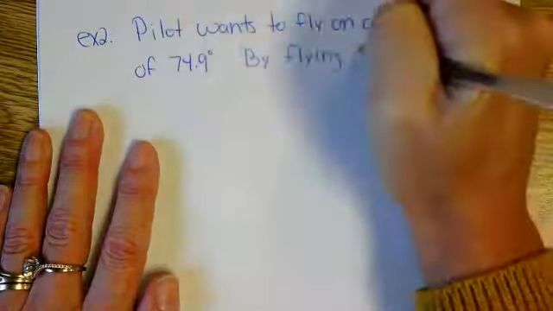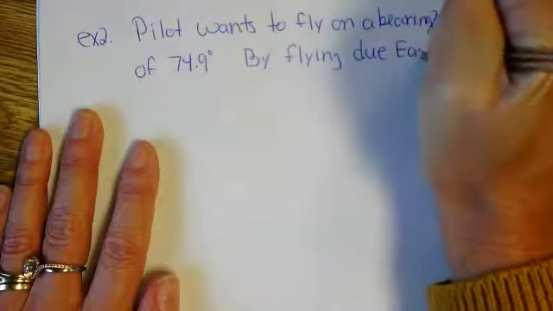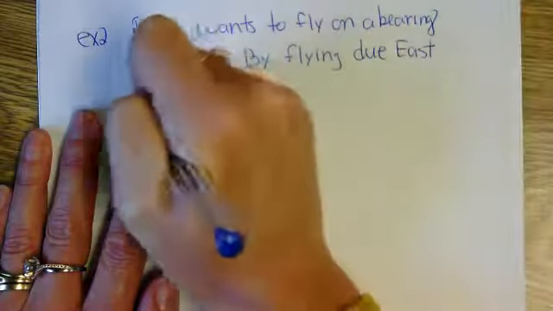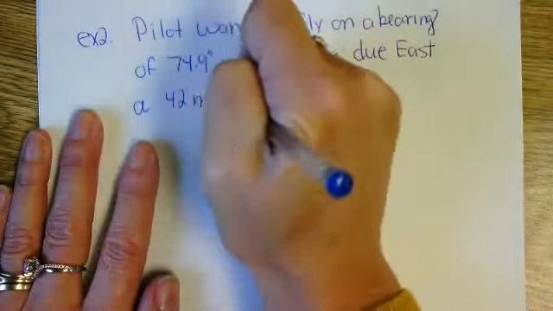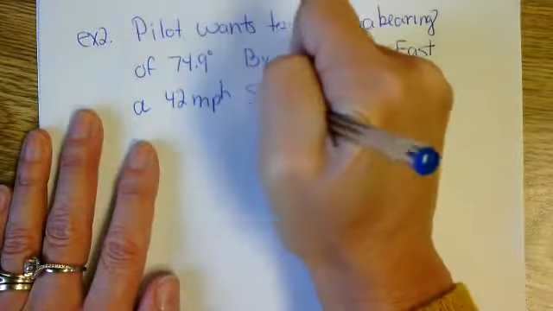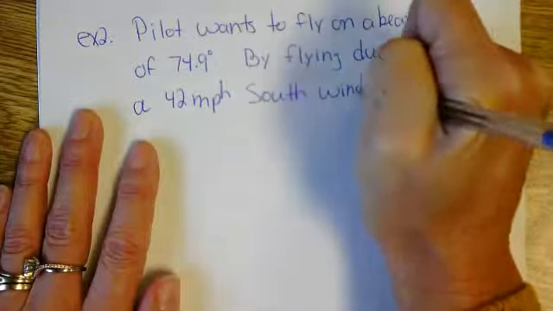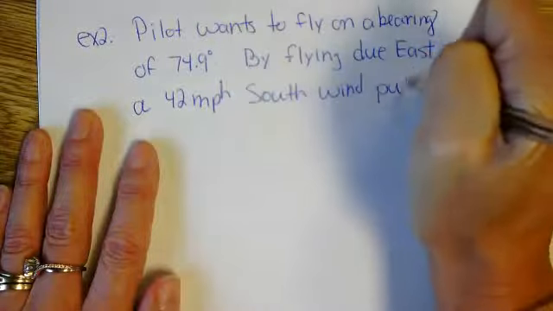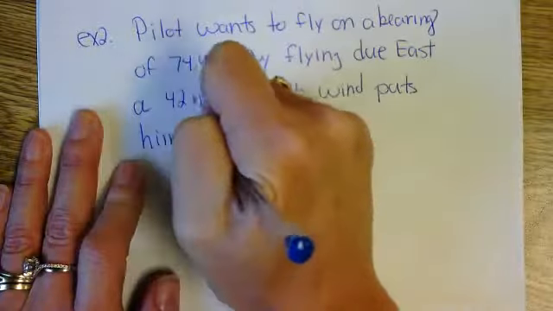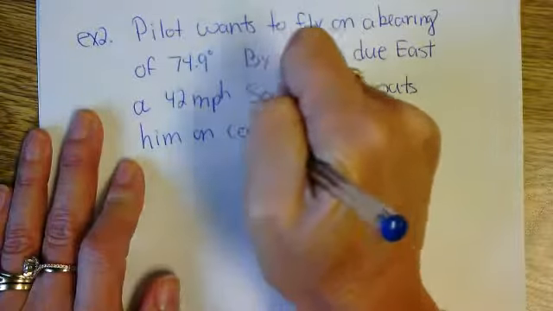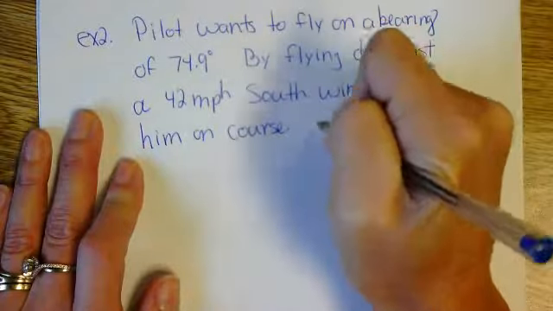By flying due east, a 42 mile per hour south wind puts him on course. Find the airspeed and ground speed.